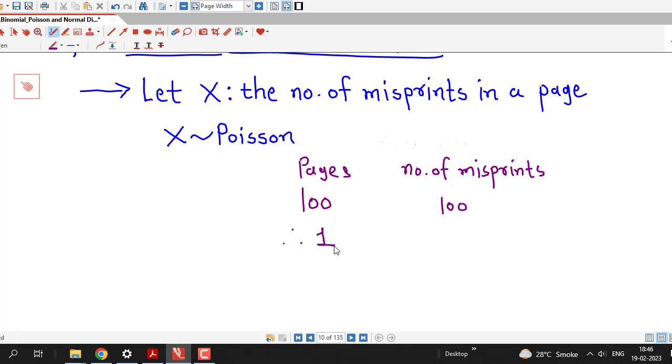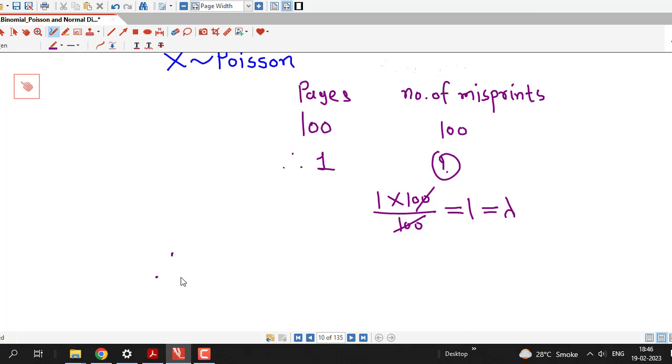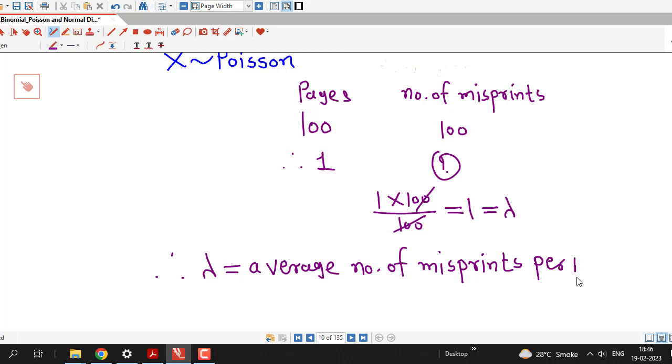Therefore, for one page, the number of misprints is 1 into 100 divided by 100, that is 1. The 100 cancels out. So this is our average number of misprints in a page. Therefore we will consider lambda, the average number of misprints per page, equal to 1.